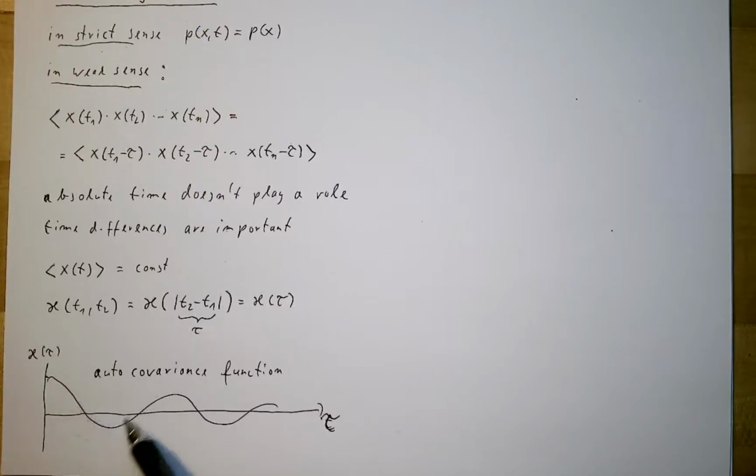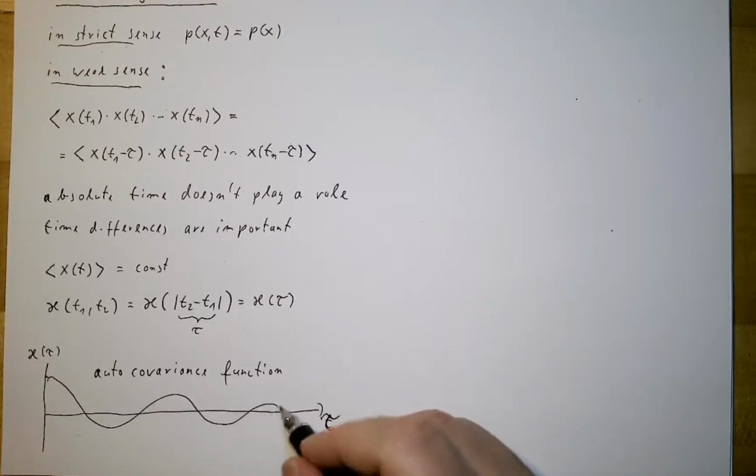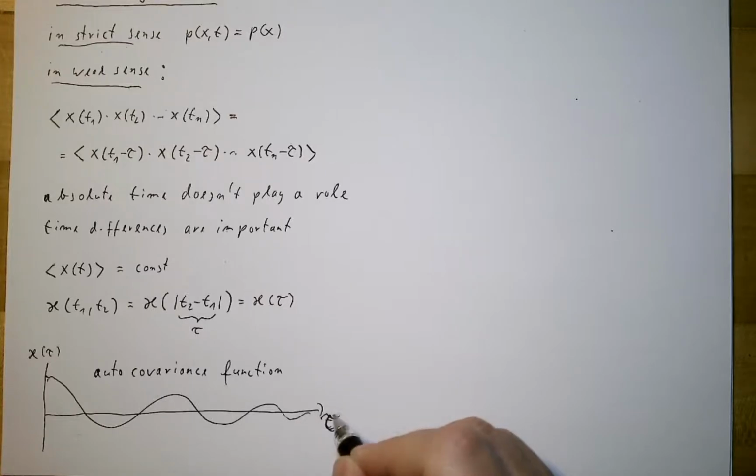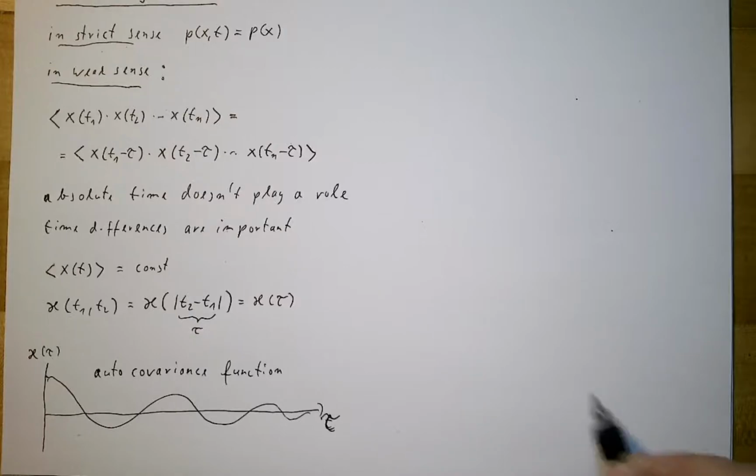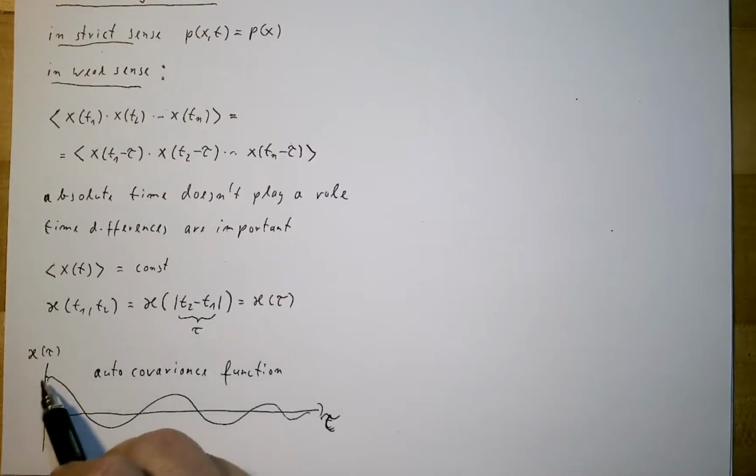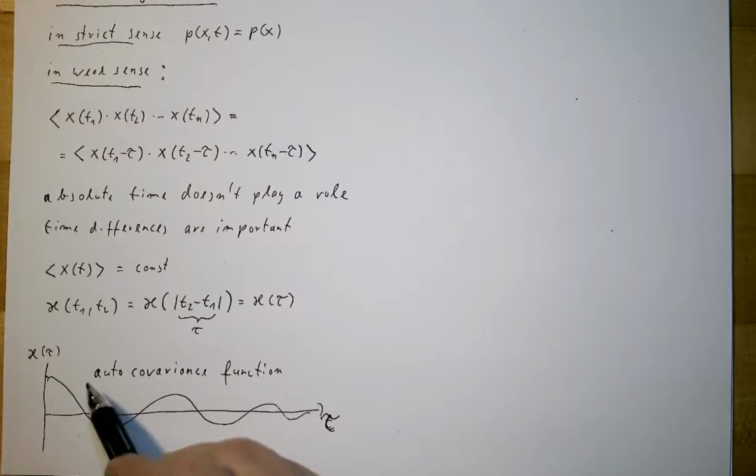And this can change. They can be in future time, sometimes positively correlated, negatively correlated, positively correlated, and very often in the very far future this dampens. So there is no correlation, because when you go a million years in the future, this will be independent from the value of your random variable right now. And the way how fast this function decays tells you how strong the memory in the system is.